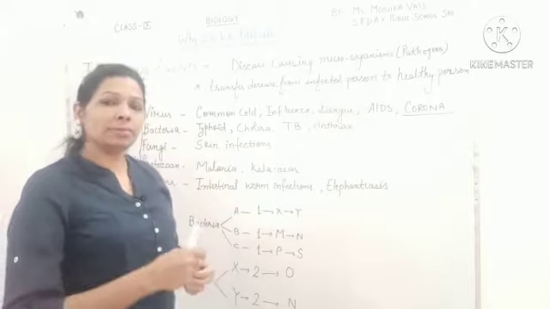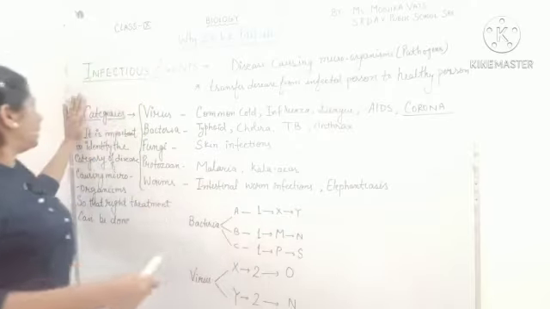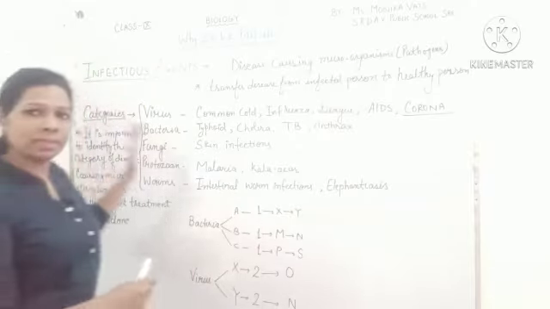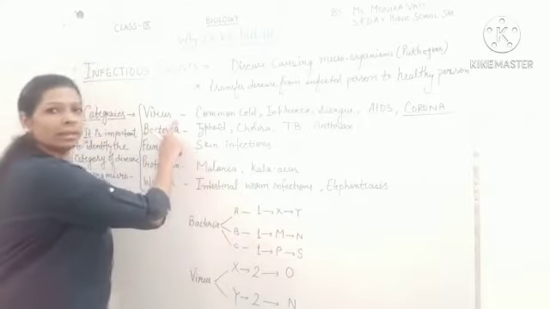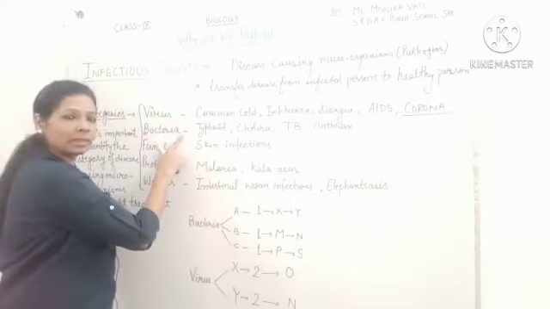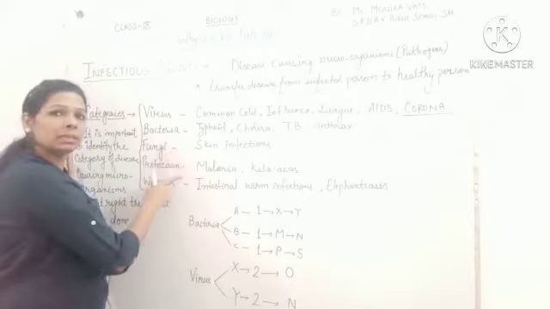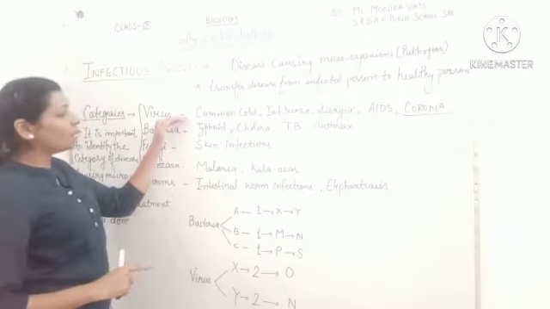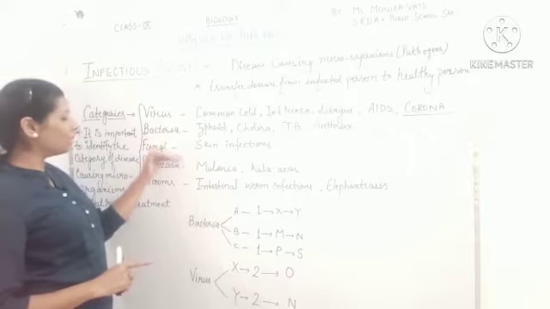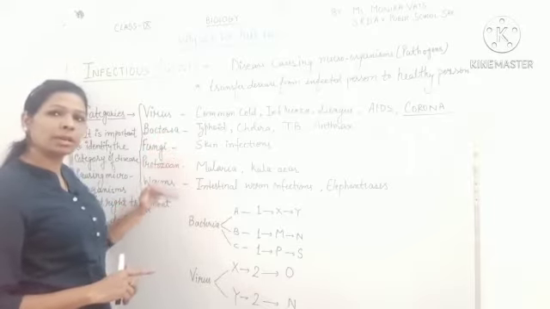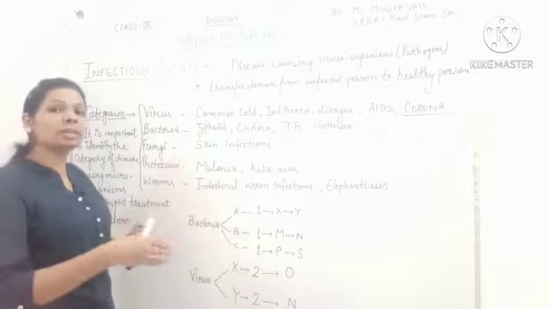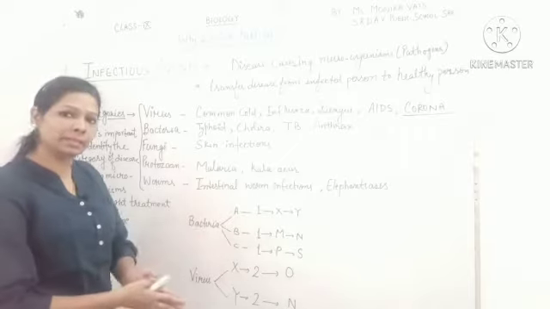These infectious agents have categories, which contain viruses, bacteria, fungi, some protozoans and worms. There are many viruses, bacteria, fungi, protozoans and worms which can transfer different diseases.